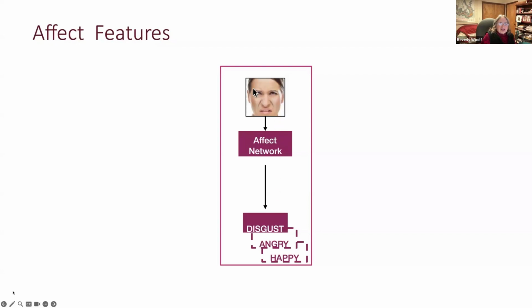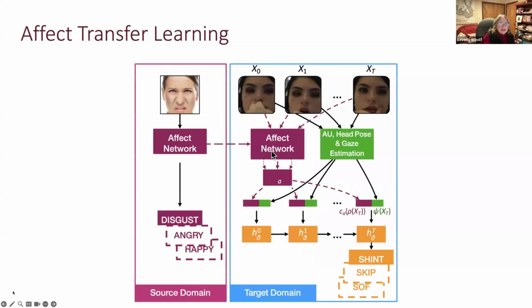And in brief, it's that there's a person who's confused or whatever. We're looking at an affect network, which is we're looking at other people where this has been analyzed before, people who look disgusted or look angry or look happy. And we try to correlate that with the person that we are looking at.